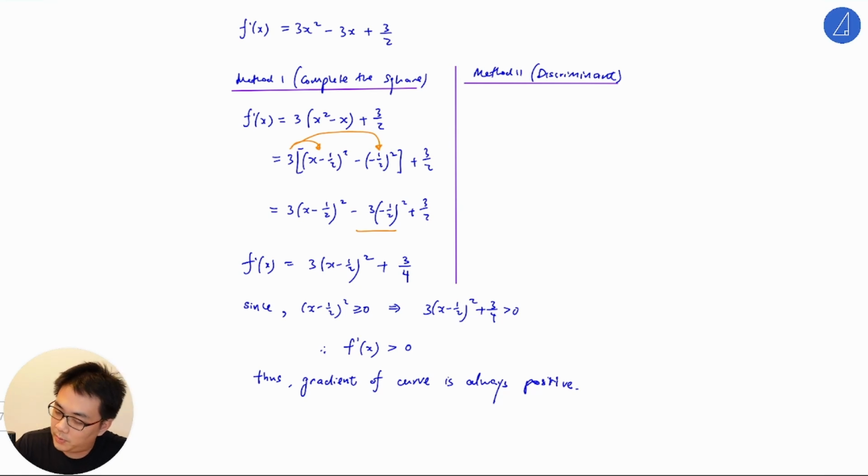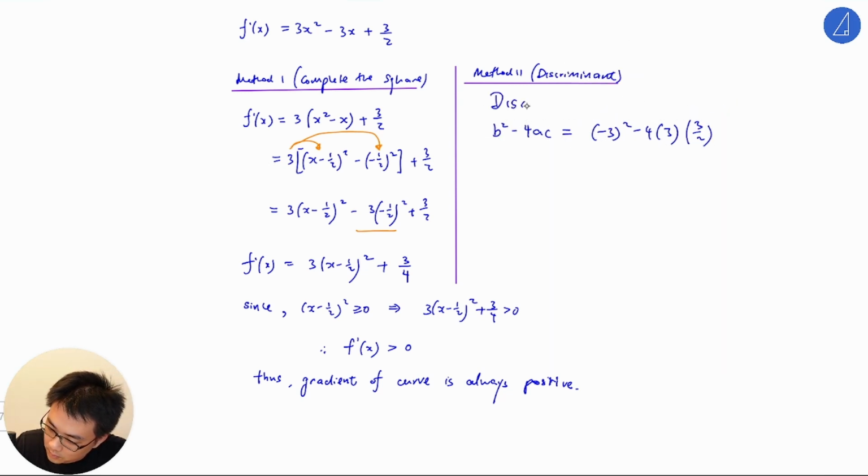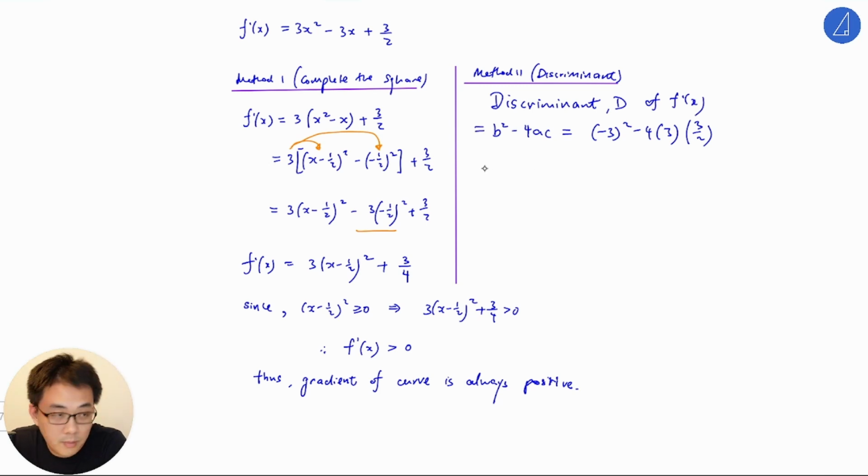You can just use discriminant. b squared minus 4ac is minus 3 squared minus 4 times 3 times 3 over 2. This would be negative, I believe.